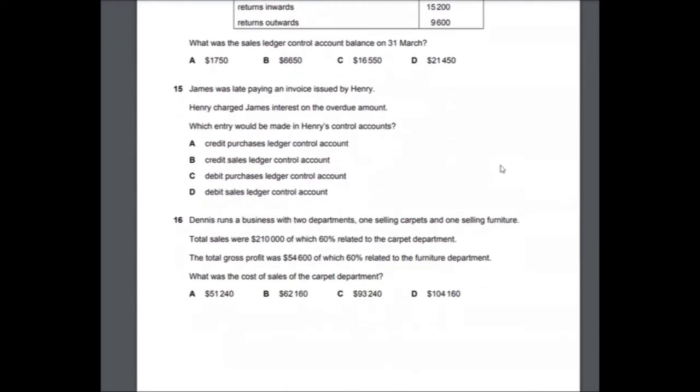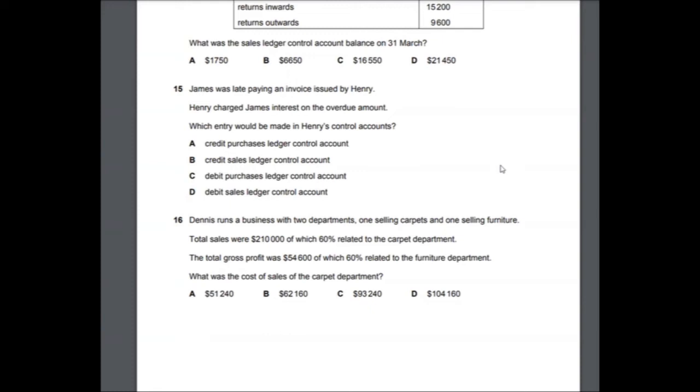Then multiple choice 15. James was late paying an invoice issued by Henry. Henry charged James interest on the overdue amount. So Henry issued an invoice, which means Henry is the seller and James is the buyer. So you have identified the roles here. Which entry would be made in Henry's control account?